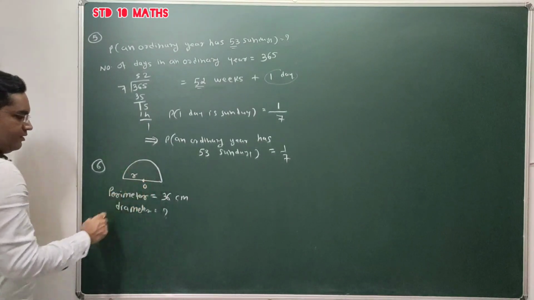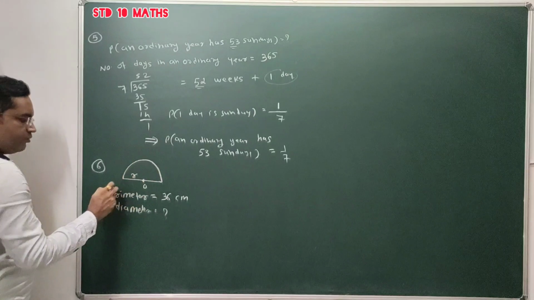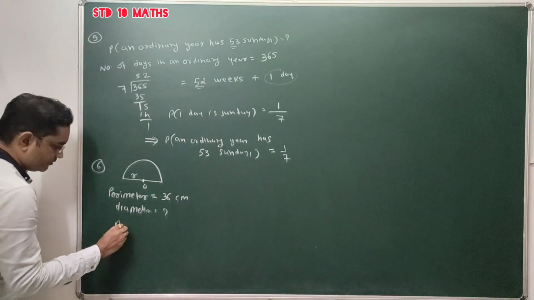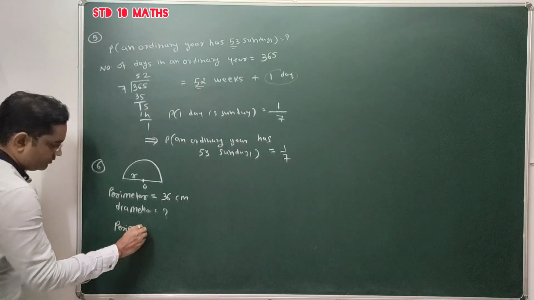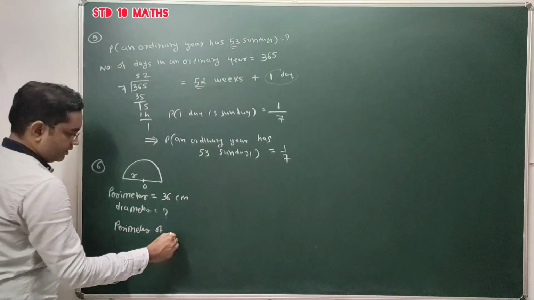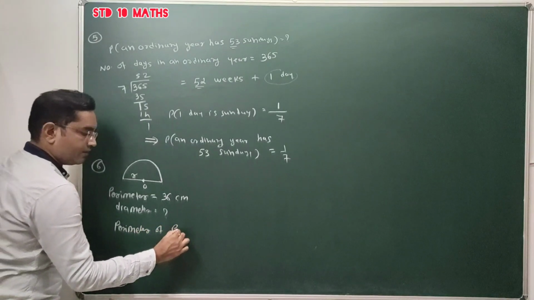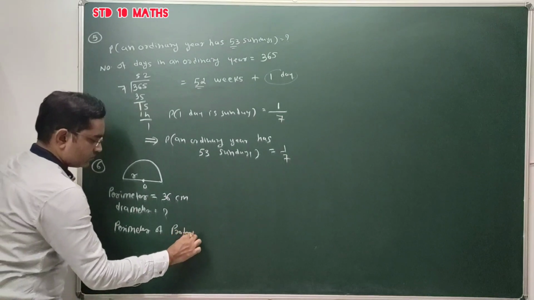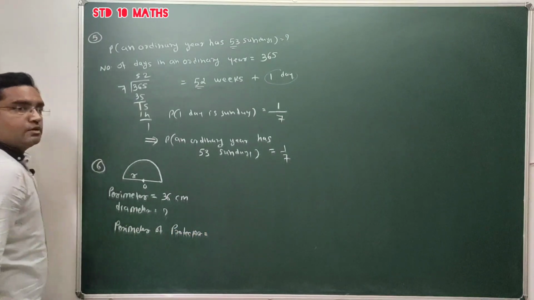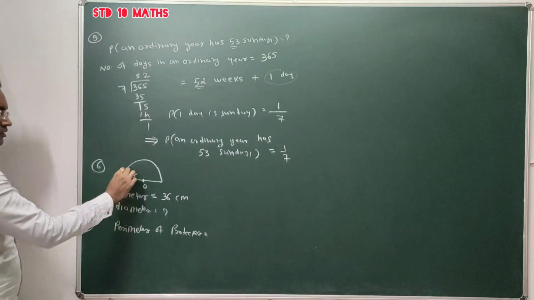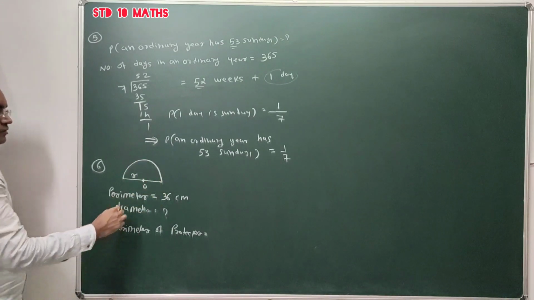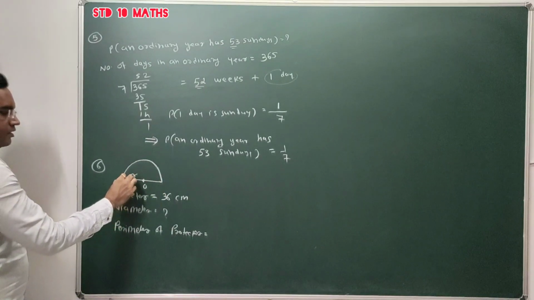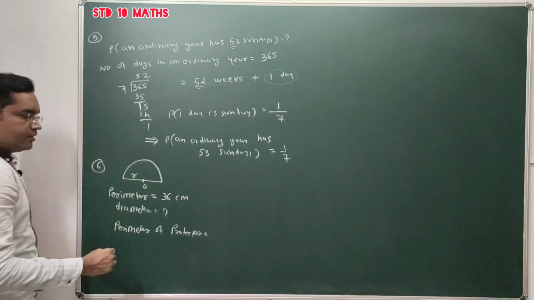So what is the perimeter? The perimeter of this protector is nothing but this one. It's the perimeter of a semicircle.